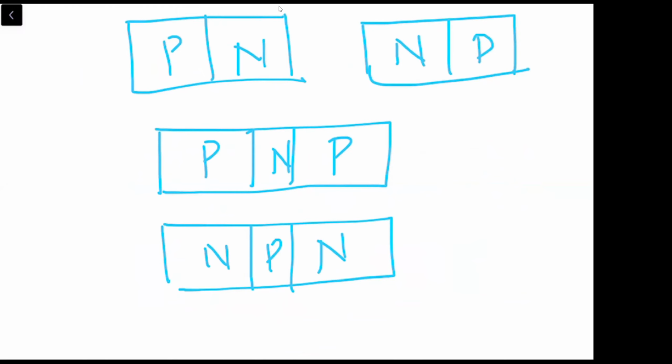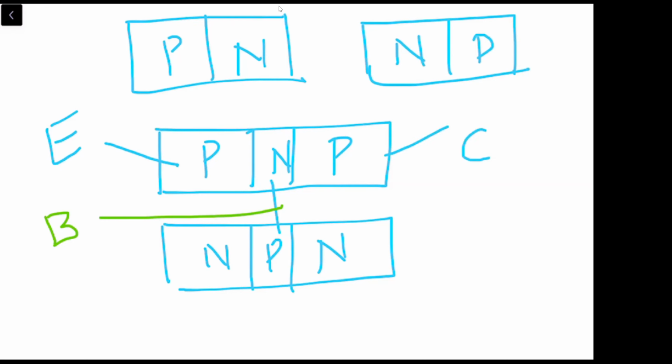The first P over here, which I have just mentioned, is called the emitter, labeled as E. The one in the middle is labeled as B, the base, and the one at the side is called the collector, which is C. Now, the emitter is the one which is heavily doped, right?